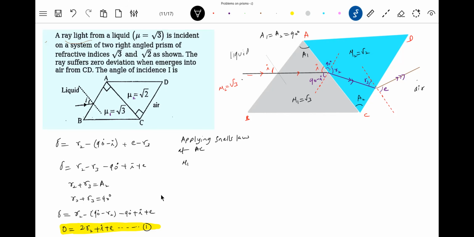That should be mu1 sine of 90 minus I. Mu1 is equal to root 3, so root 3 cos I equals mu2, which is root 2, sine R2.